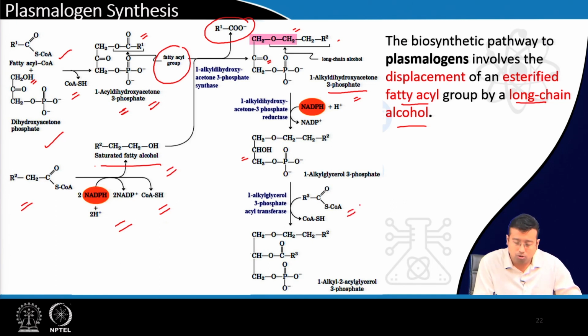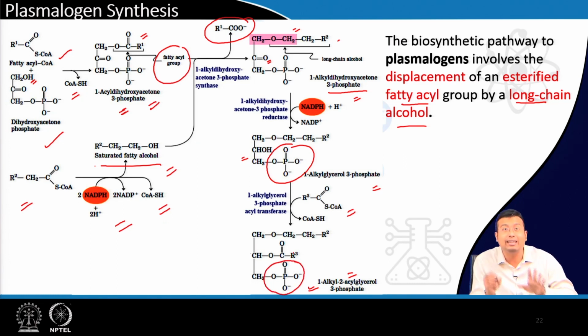We already told you we can easily get rid of this phosphate group by the help of a phosphatase enzyme, and we can acylate with the help of acyl transferase. So, ultimately this leads to 1-alkyl 2-acyl glycerol 3-phosphate. In this case, what is happening, we are not actually getting rid of the phosphate group, we are simply first replacing an acyl group in the second position, this is R3, right. So, this is 1-alkyl 2-acyl glycerol 3-phosphate.